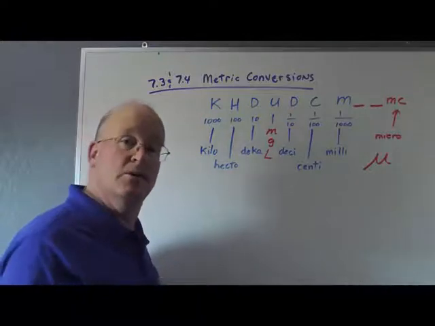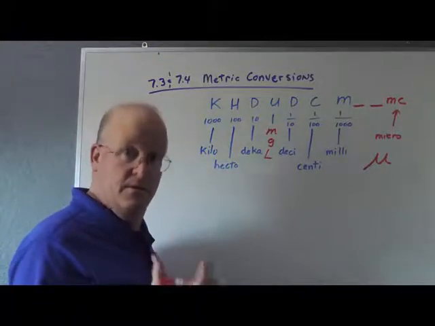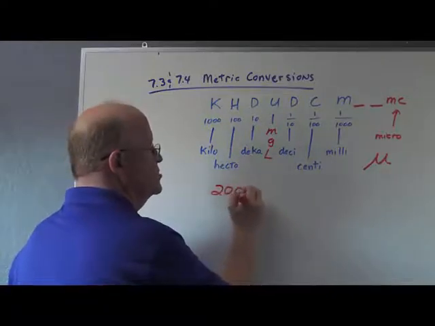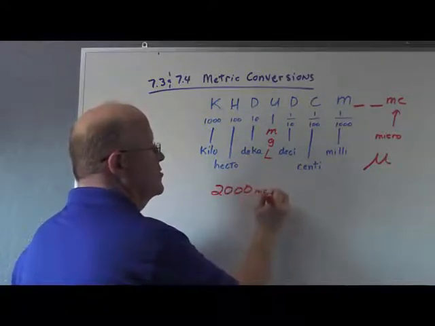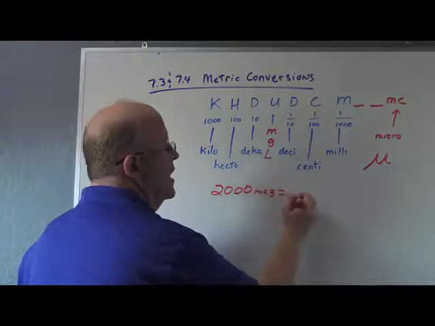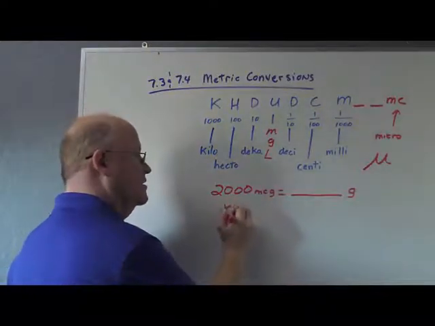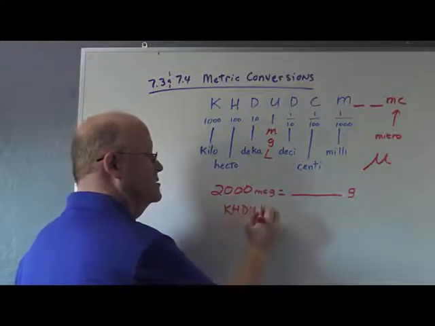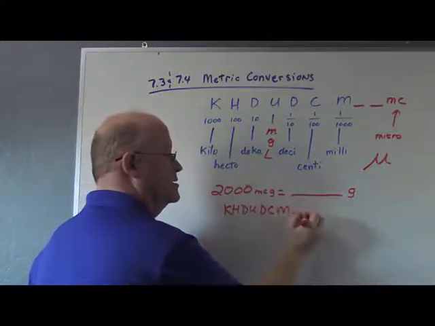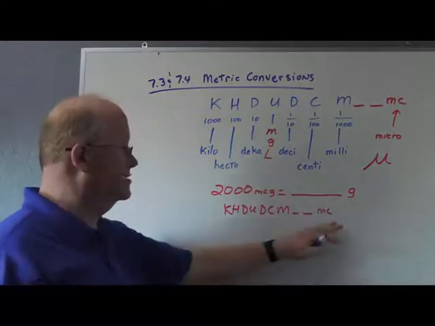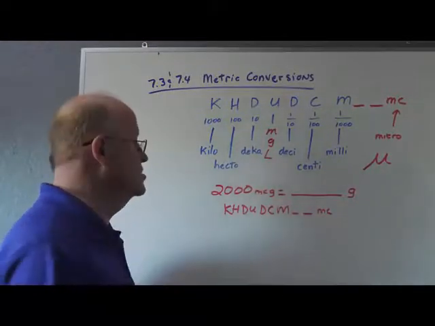Now, let's pretend you're looking at a bottle of your vitamins, and you notice that one ingredient has 2,000 micrograms, and you want to know how many grams that is. Well, again, we'd have Kids Have Donuts Until Dad Calls Mom. Skip 2 positions to get to the mic, or micro, position.